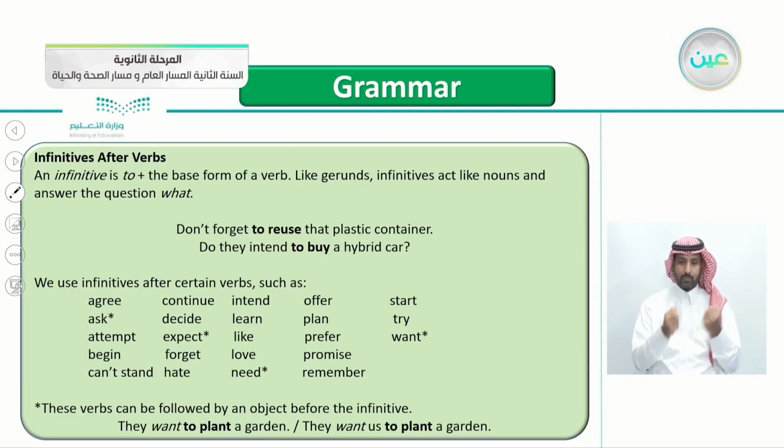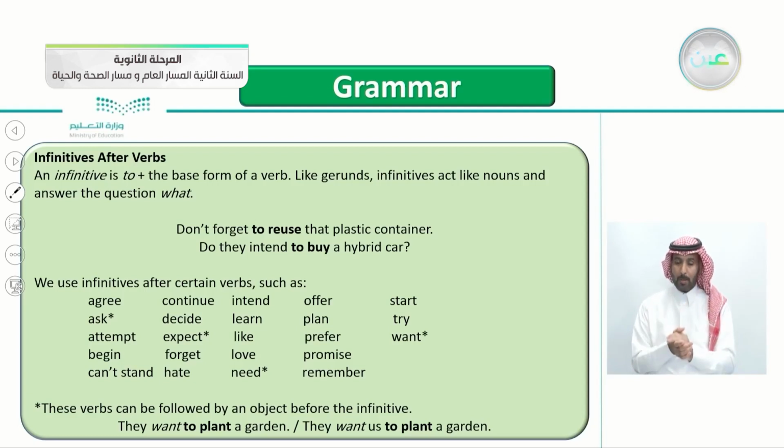So we use infinitives after certain verbs, just like the gerund, such as agree, ask, attempt, begin, can't stand, continue, decide, expect, forget, hate, intend, learn, like, love, need, offer, plan, prefer, promise, remember, start, try, and want.